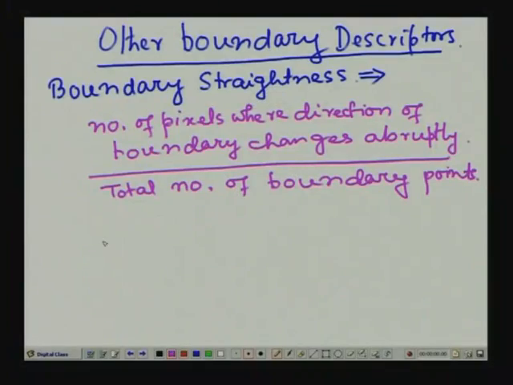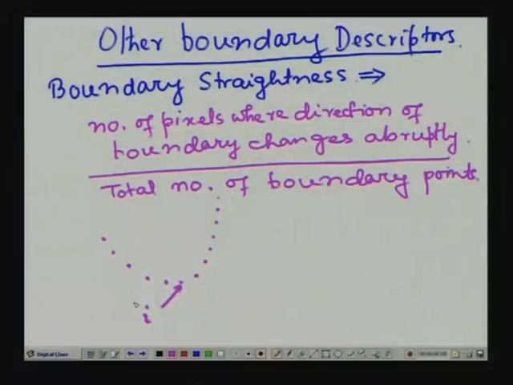So, if I consider, say, these are the set of points which are on a boundary, and I take this ith pixel where I want to find out whether the boundary changes abruptly at this ith pixel or not.